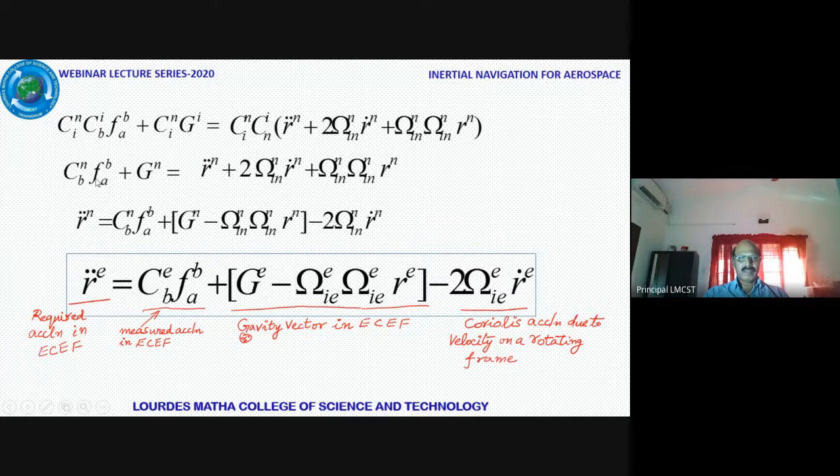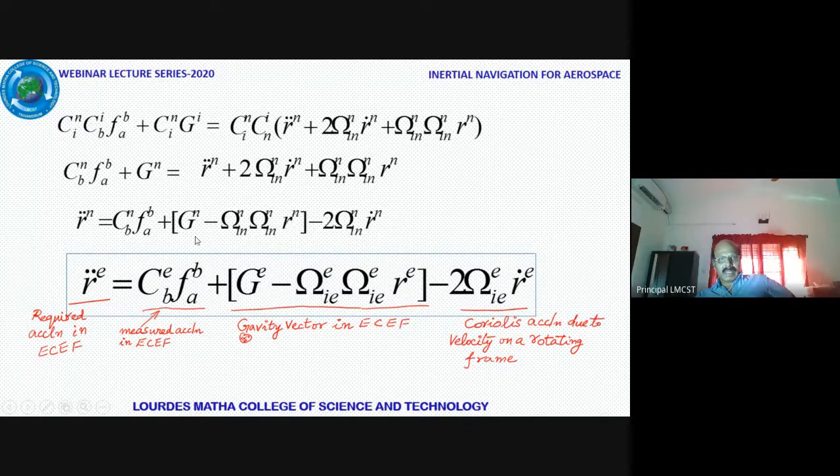Okay. So this is here, and this becomes identity. You get the right hand simply what is there inside the bracket, and you retain this on one side and regroup it. You get CBN FAB, then you get a GN, and this term comes here, and there is a negative sign here, and this term comes here, a negative sign here.